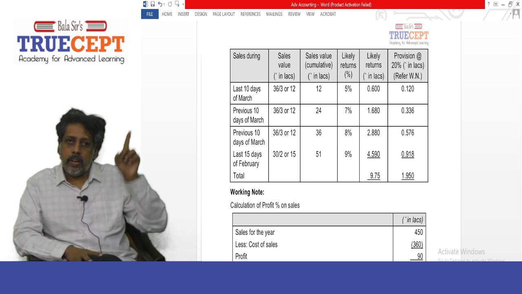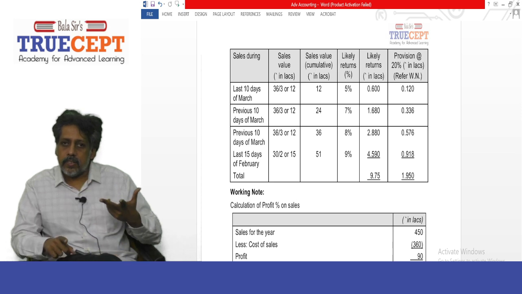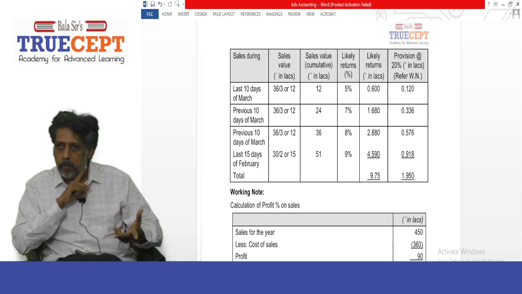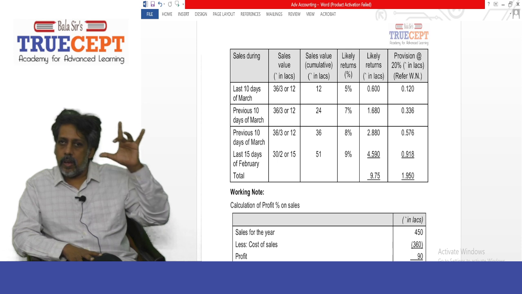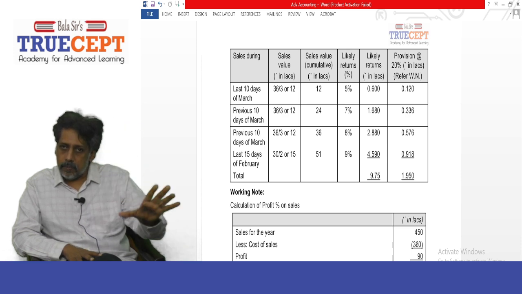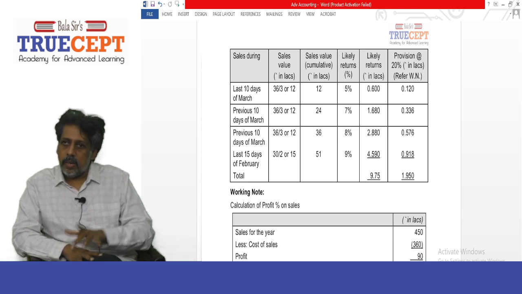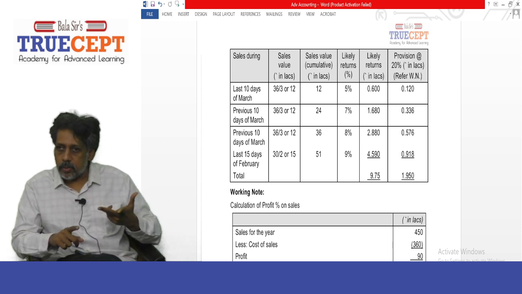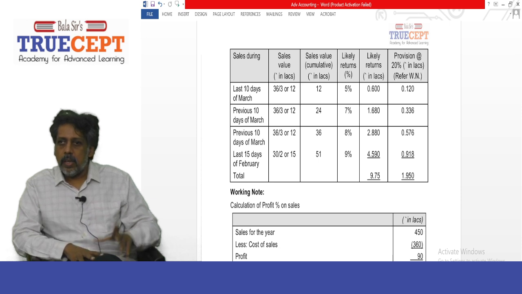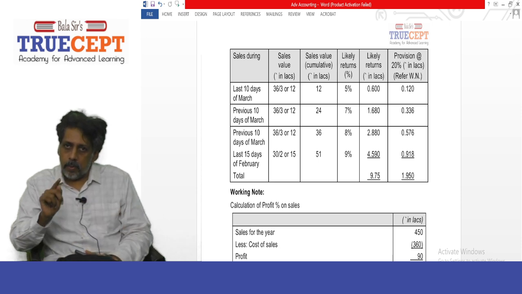Now just see the first column. The last 10 days in March is rupees how much? 12 lakh. That is 36 lakh by 3, that is by 30 days into 10 days, right? 1 by 3. How much? Rupees 12 lakh. Cumulative, no problem, same 12 lakh only.